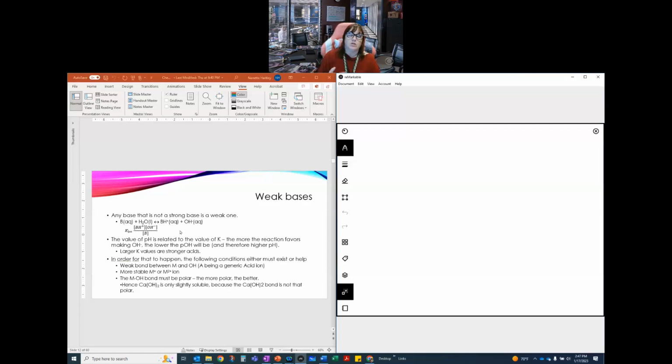So if it's a good base, we get more OH minus, that raises our pH. If it's a bad base, then that's not so true. Large Ks are stronger bases. In order for that to happen, we need to have a good situation where that base is more stable having the H plus on it.